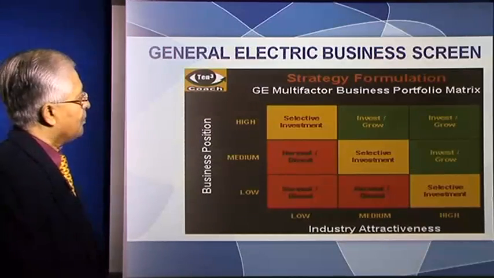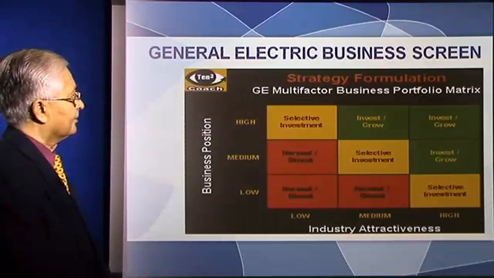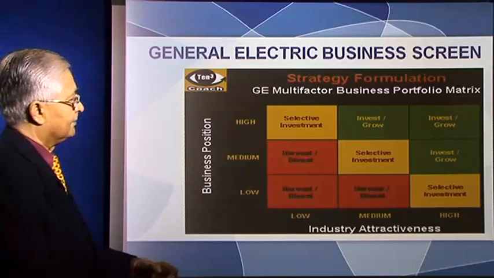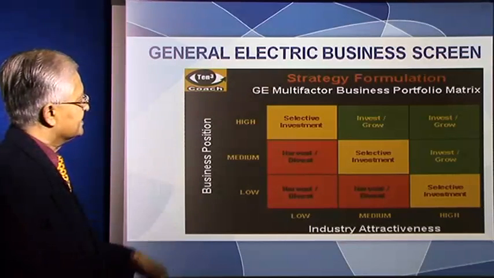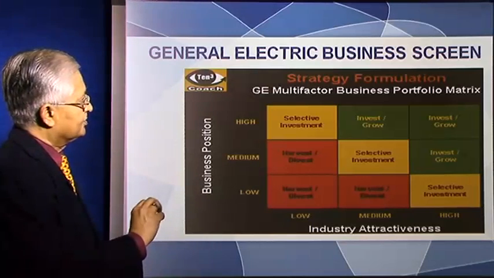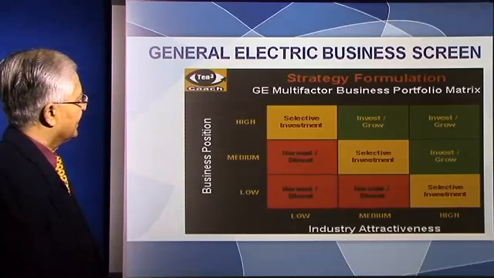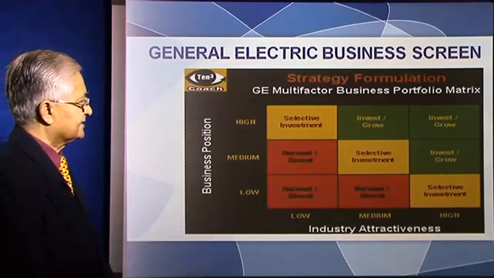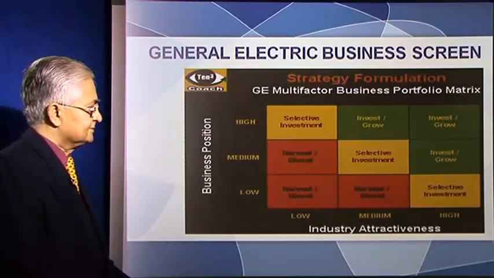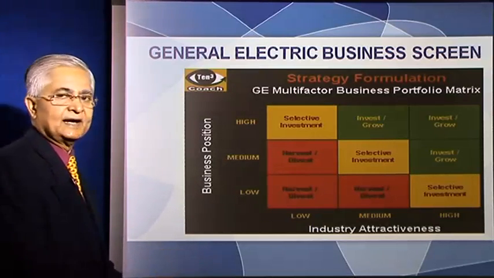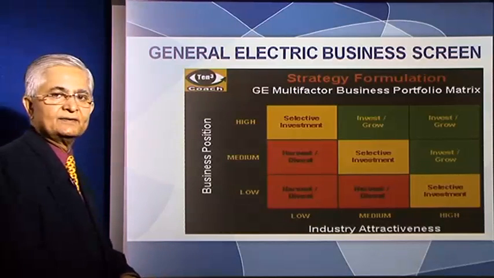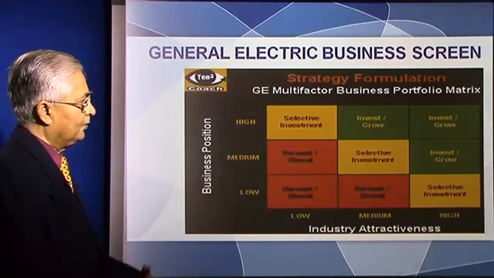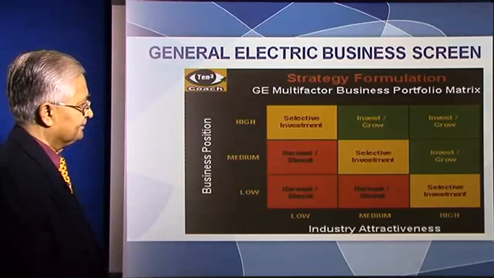GE has helped us in strategy formulation by coming up with this very attractive model where different businesses are put into different cells based on their business position and industry attractiveness. For instance, let's look at a company like ITC. Let's look at the hotel industry. So, we look at industry attractiveness. How attractive is the hotel industry?